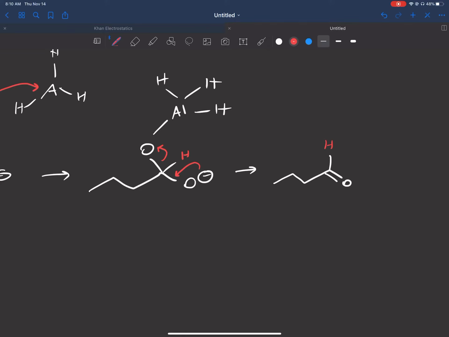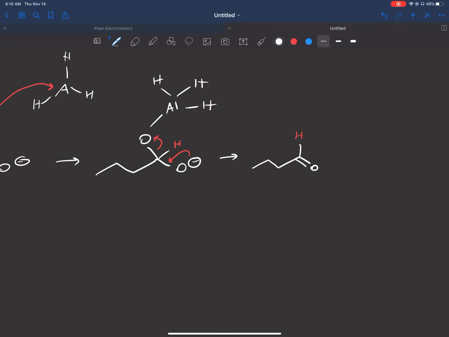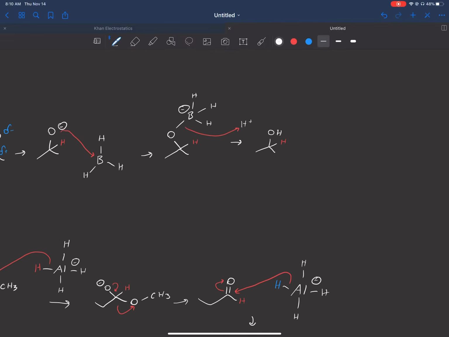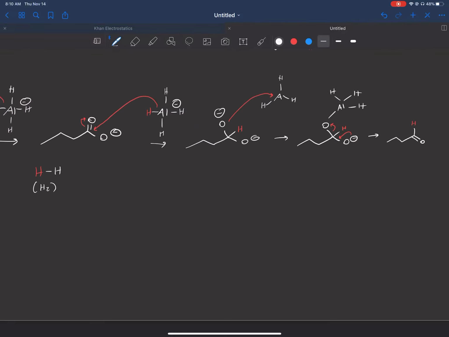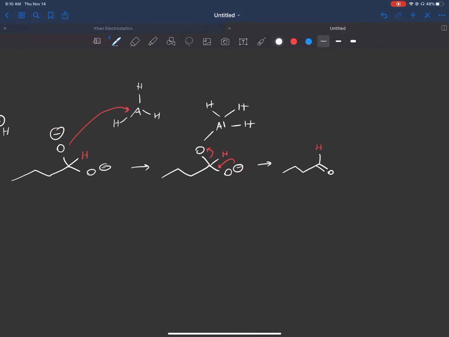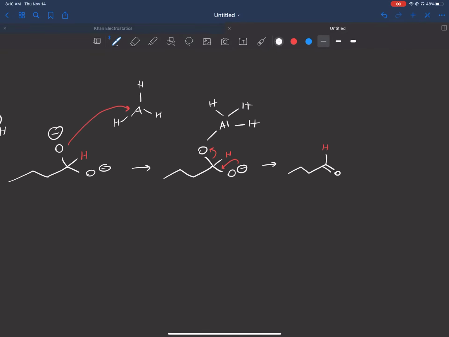Okay? And that O with the aluminum and 3 hydrogens gets removed. So now you can see that we're back at an aldehyde. So now, the mechanism's exactly the same as up here. Same thing with NaBH4 and a ketone and an aldehyde. Okay? So those are just the mechanisms of how these things work.